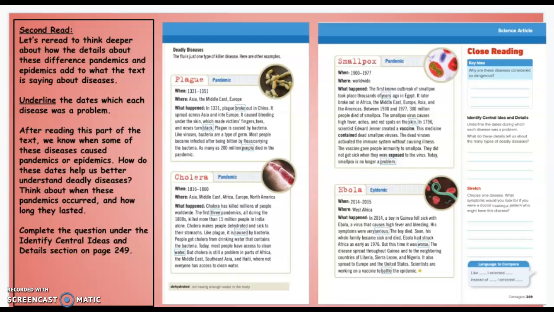So again, think about when these pandemics or epidemics occurred and how long they lasted. And after you've underlined the dates and you found some of these details, I want you to go back to page 249 and complete the question under the Identify Central Ideas and Details section on page 249.